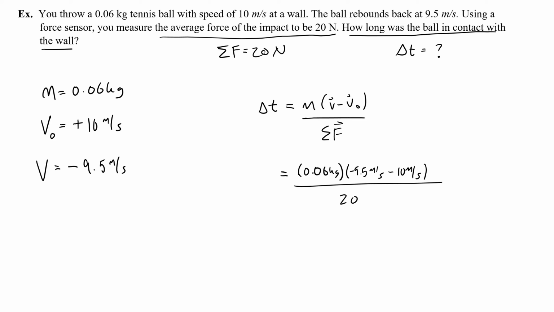But if I think about the force that's causing this to happen, here's the wall, here's the ball, all smooshed. The ball is going to experience a force back, which means that that net force should be a negative 20. Doing so is going to give me a sensible answer, a positive answer for time.